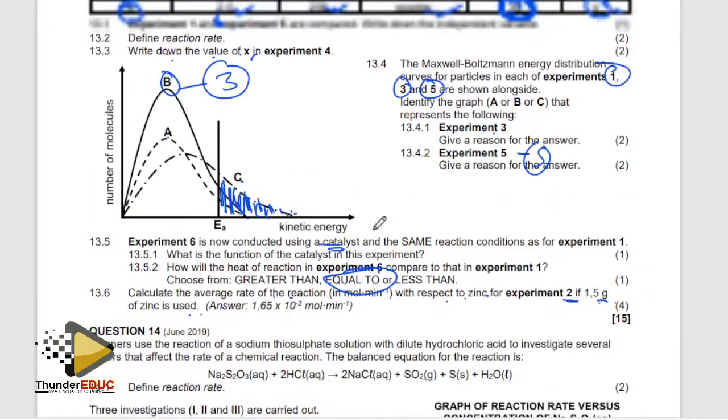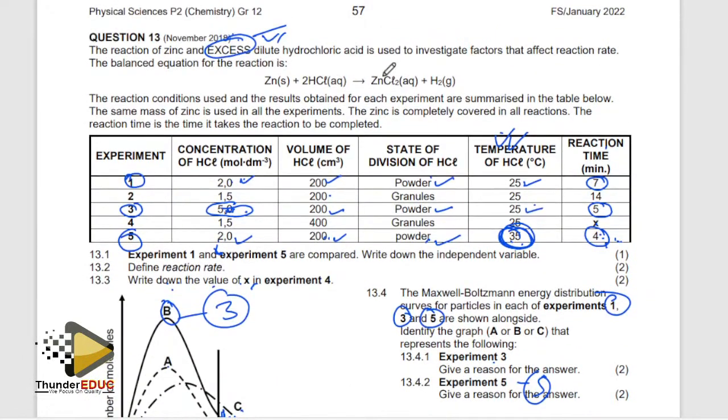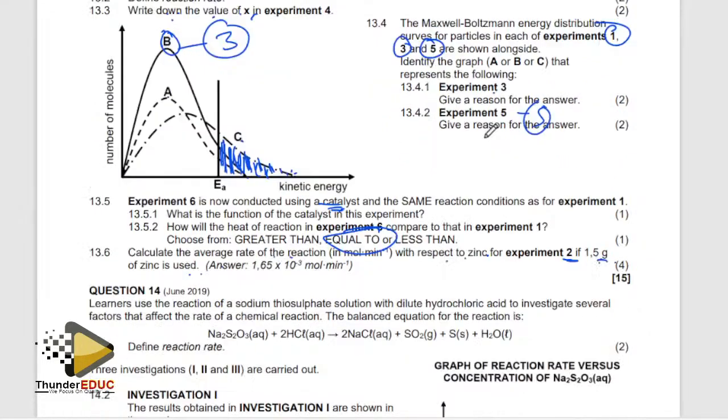They said in experiment 2 it is 1.5, but they said 0.5, so we need to find out the number of moles which reacted. Number of moles is equal to mass over molar mass, so it's going to be 1.5 over the molar mass of zinc. Zinc is 64.5, yes, 65. You can check from the periodic table and then find the exact answer.